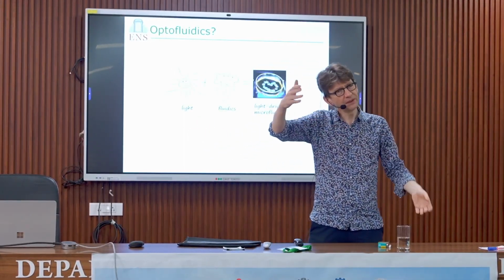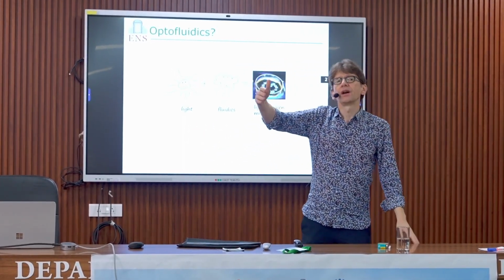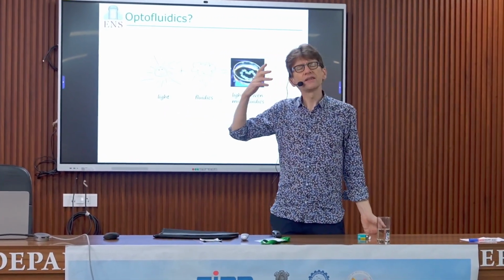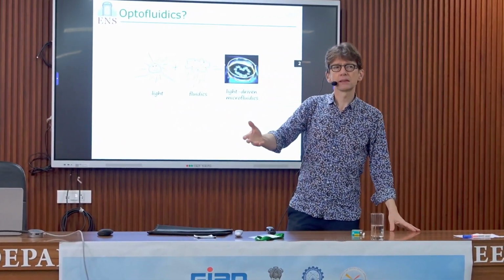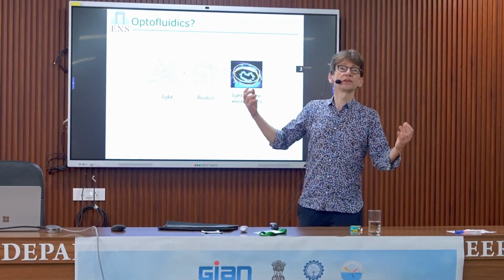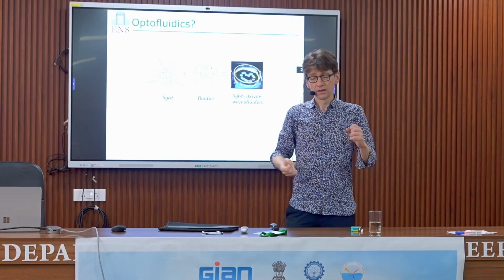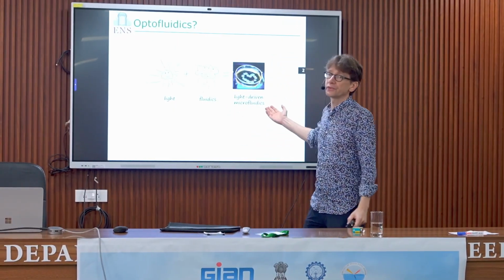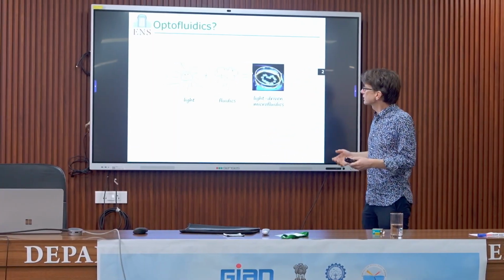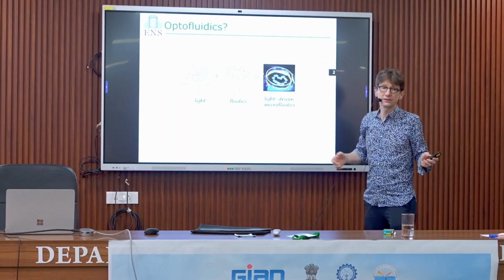Instead of pumping my laser in a cavity, I will do it in a liquid. So at the beginning, optofluidics was the idea of using fluidics to do light. And me, I wanted to do the opposite, try to use light to do fluidics, and that's why I call it, at that time it didn't exist so much, light-driven microfluidics.